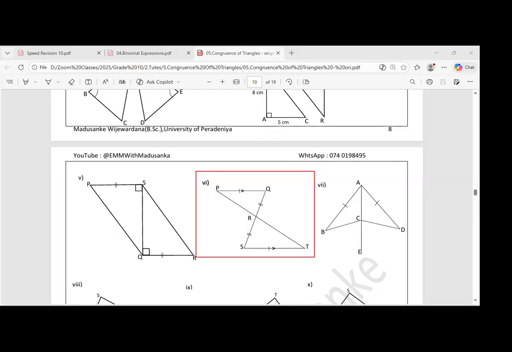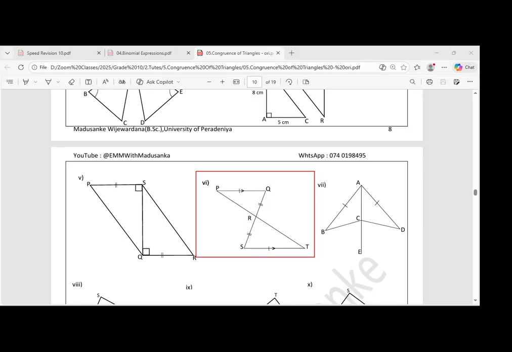Ritik, your final one. Sorry, sir, I'm not ready. Ritik, you have to check your final angle. What did they do? PRQ equals to RST. How does that happen? How do they mean?